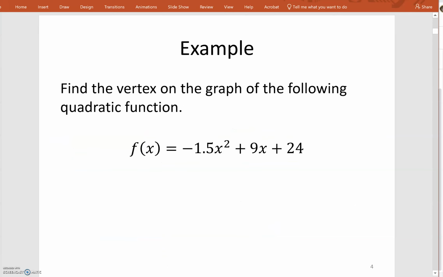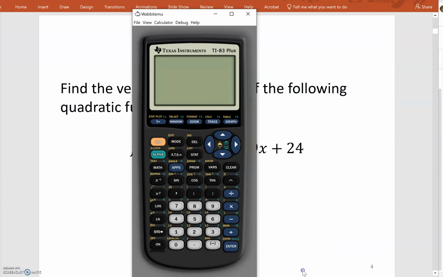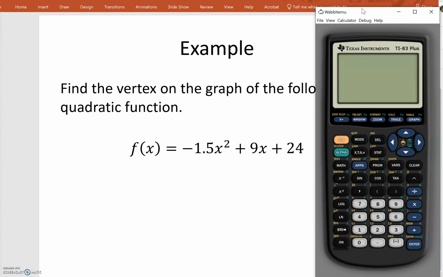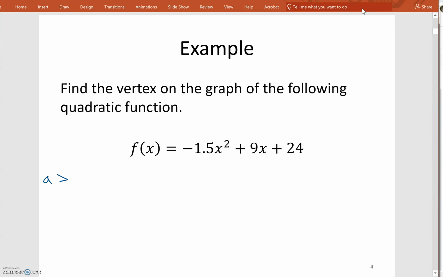But let's go ahead and look at an example first. Let's find the vertex on the graph of this quadratic right here. So let me pull up my calculator. First of all, I want to mention a nice property: if the leading coefficient, the a, is greater than 0, then the parabola opens up.